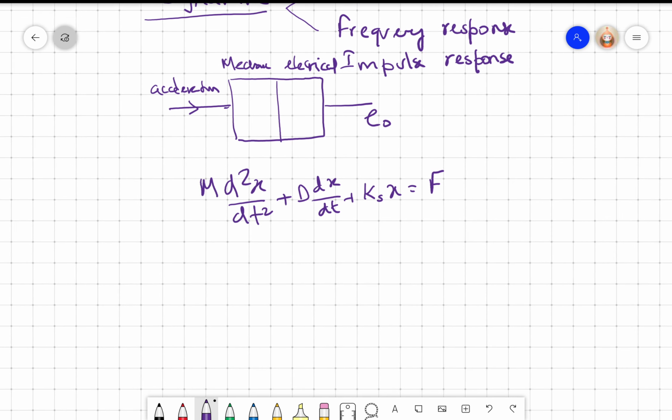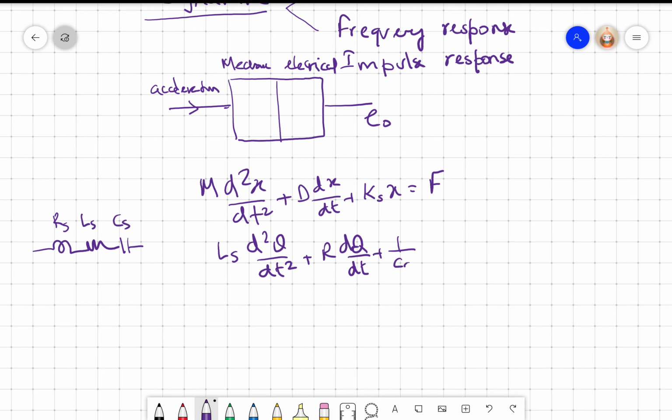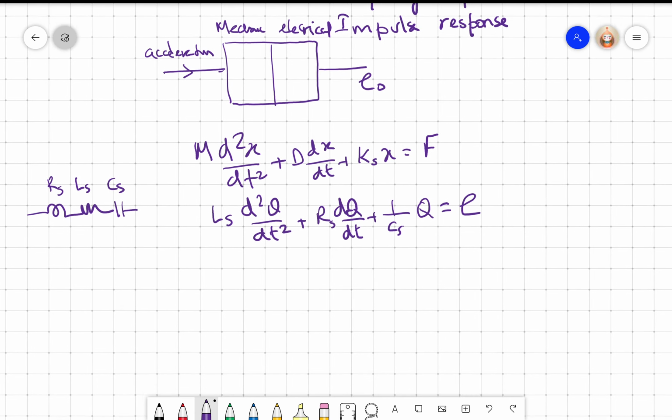And on the electrical side, if I have a series RLC circuit, then I have L series into d square q by dt square plus R into dq by dt plus 1 by Cs Rs into q equal to the total voltage.